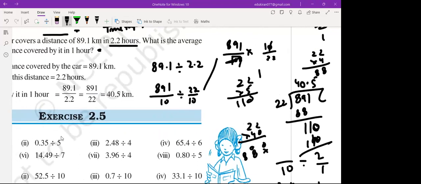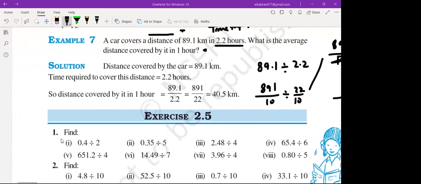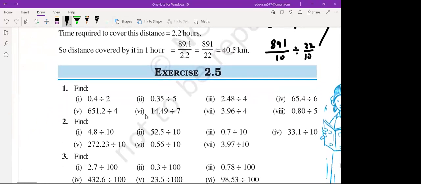Now let's move to the exercise. I think the first exercise, the first one we finished.